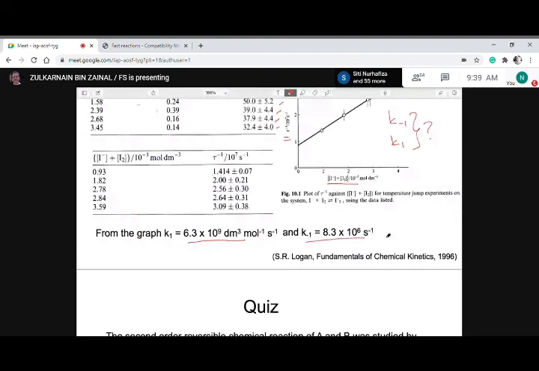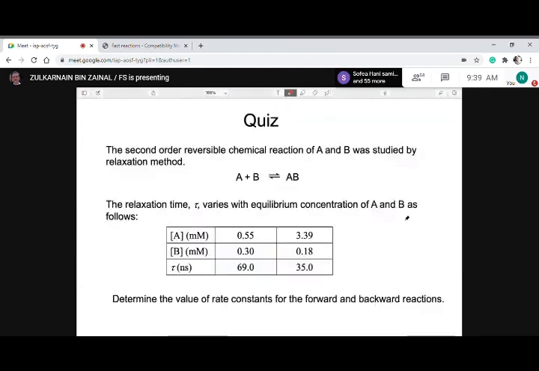The last part is for you to try. A second order reversible chemical reaction of A and B was studied by the relaxation method, and A and B react to form AB, and the relaxation time tau varies with the equilibrium concentration of A and B as follows.